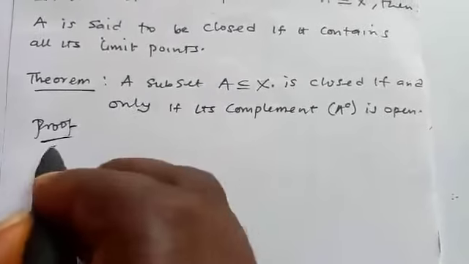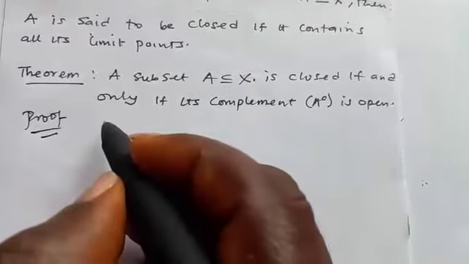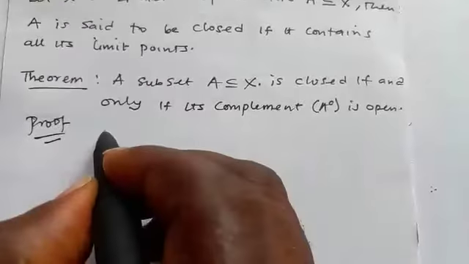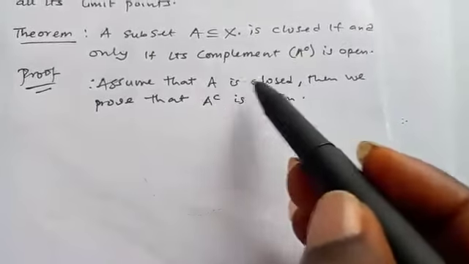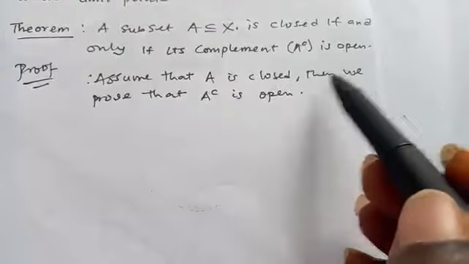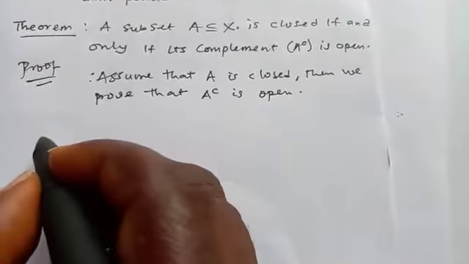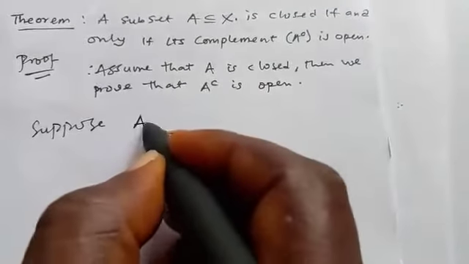Because of the if and only if, we need to prove it in two ways. The first way, we first assume that A is closed, then we prove that A complement is open. So suppose that A is closed.